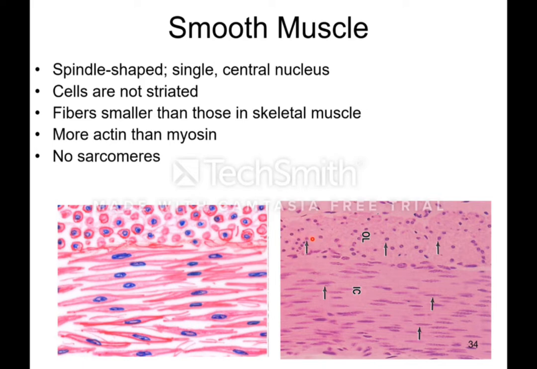Smooth muscle tissue has spindle-shaped cells, shown schematically, and here with light microscope and H&E staining. They are single cells with a central nucleus located in the wide part of the cell.